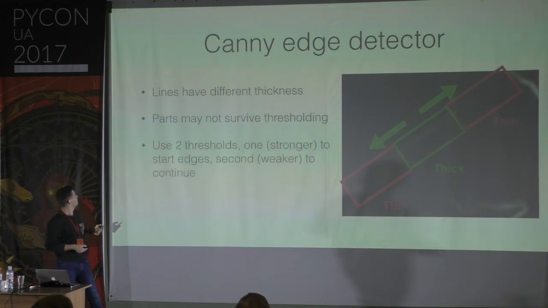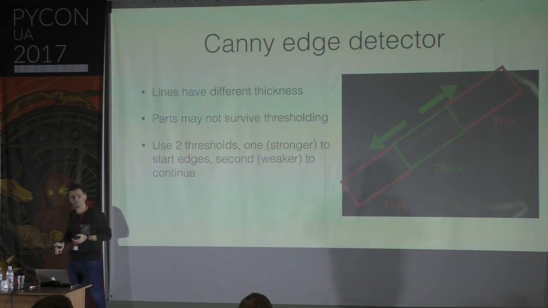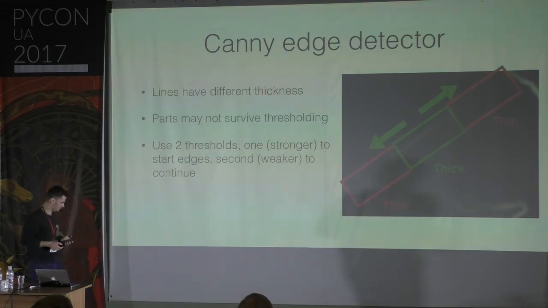So instead, there's the Canny edge detector, where we have two thresholds. One is called the stronger one, and one is the weaker one. The algorithm is that first we pick a strong threshold, and we just threshold the gradient magnitudes. Then we have only this part, for example, and these are lost due to thresholding.